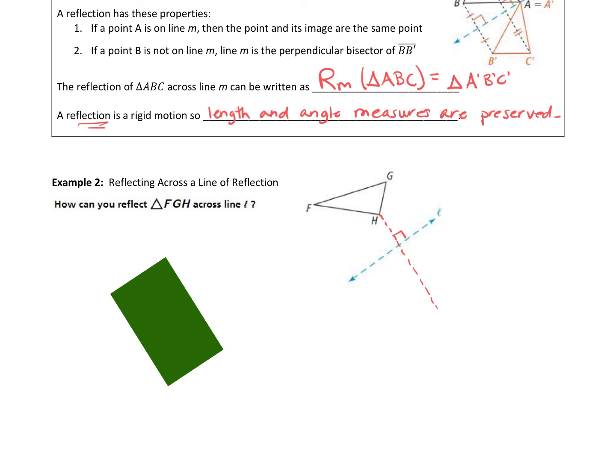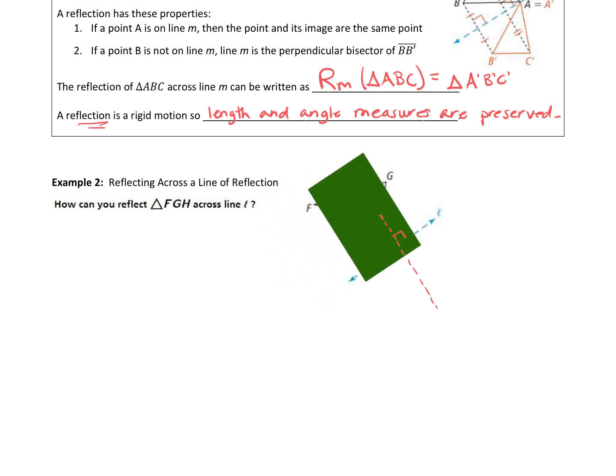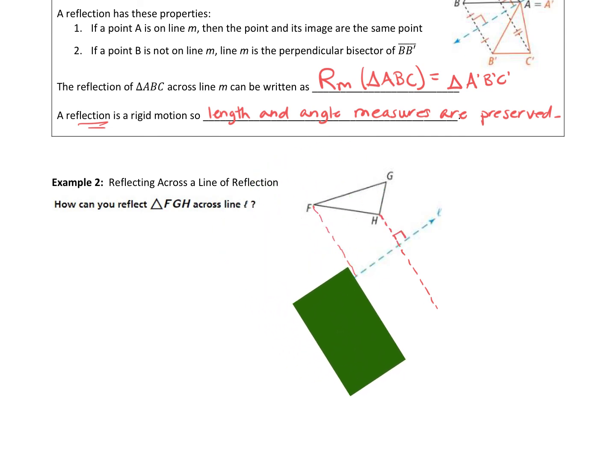So I'm going to do that with each of the vertices. I'm going to line up my rectangle with the line of reflection and draw just along the edge of it. You could do this with a folded piece of paper. Maybe you have something rectangular shaped. We're just doing our best here to make do. I'm going to continue that line.